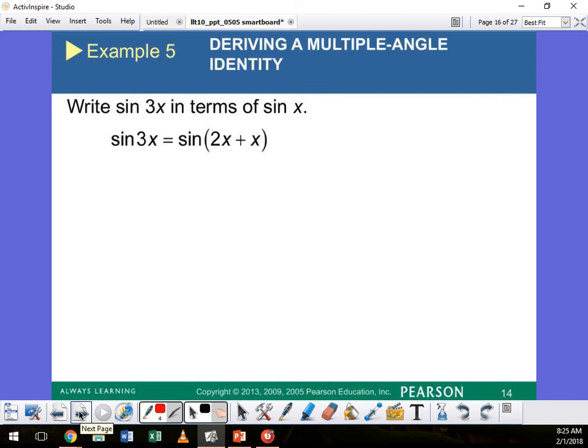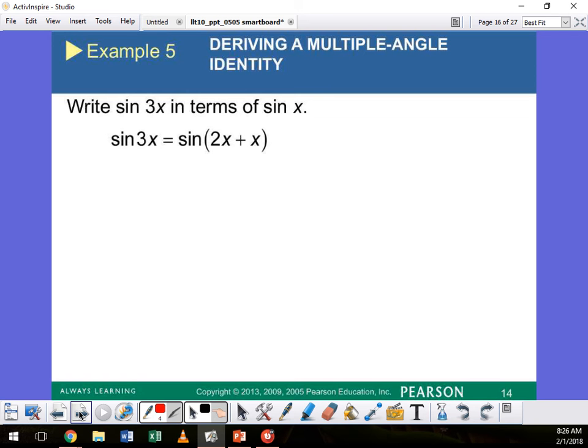All right, so this problem right here, write this in terms of sine x. Now, this one right here is a little bit complicated because I have a double angle in here also.